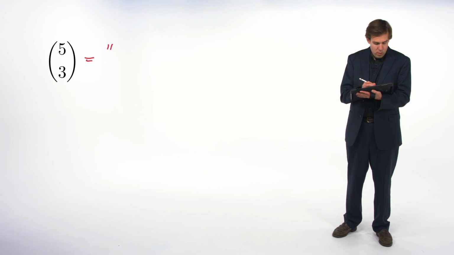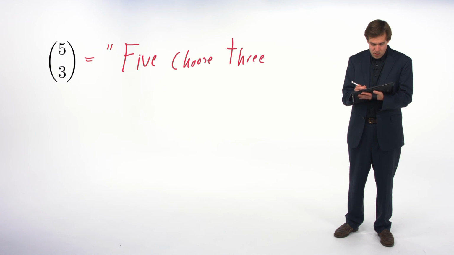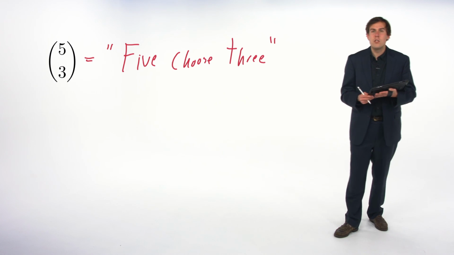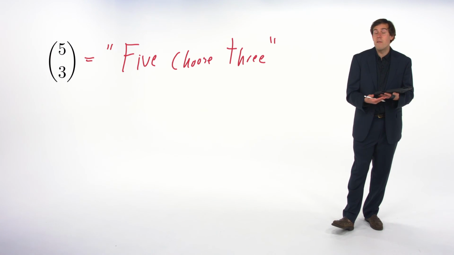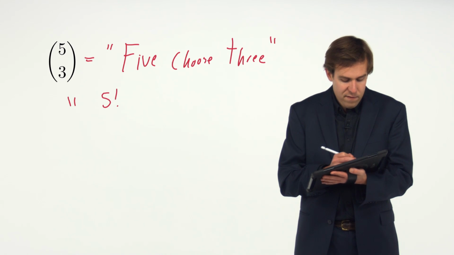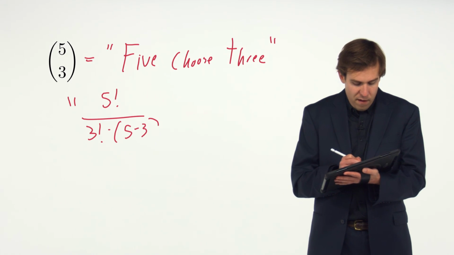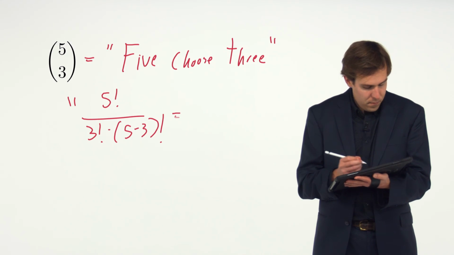So we have one more here. So we would read this as 5 choose 3. Okay, so how many ways can I choose groups of 3 from a set of 5 elements is what we will establish shortly. So 5 factorial divided by 3 factorial times (5 minus 3) factorial.